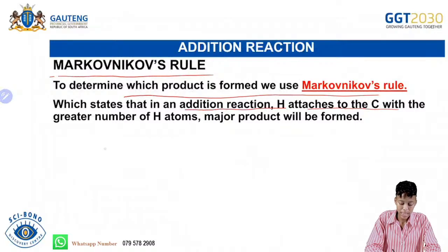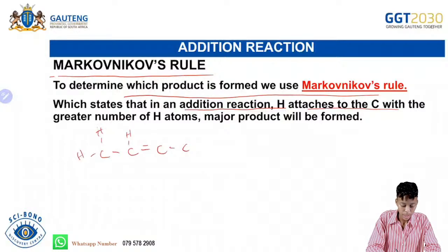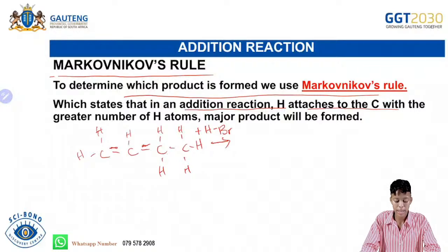So if we have an addition reaction, let's use the double bond on this position, and if we have a total of 4 carbons, on those carbons we want to be adding HBr. So Markovnikov states that the hydrogen attaches to the carbon with the greater number of hydrogen atoms.